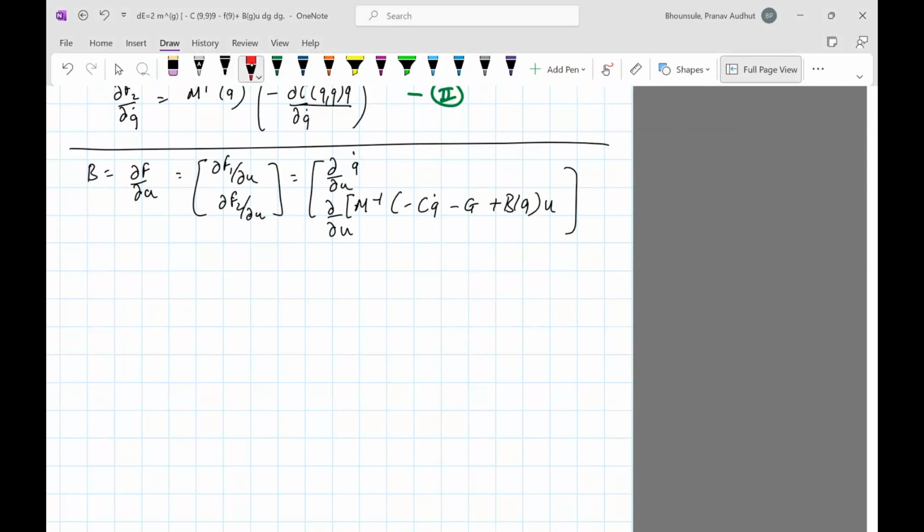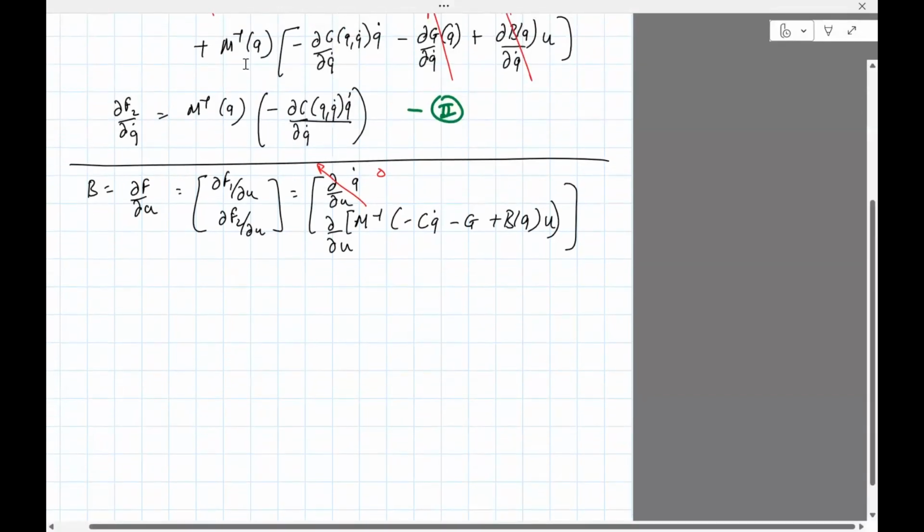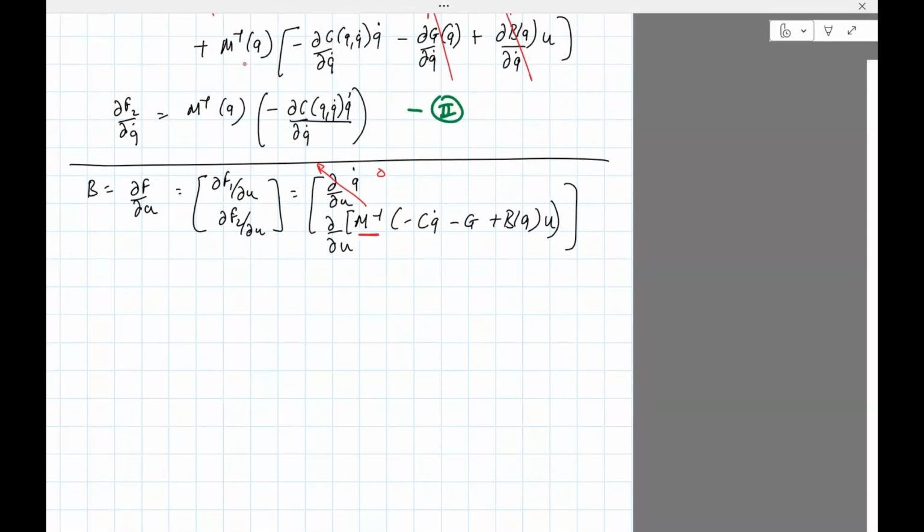Okay, now comes the time where we can cancel this because that's a function of q dot, and when you take the derivative with respect to u, that's 0. And then when you take the derivative of this part, you see that M is a function of q, so there's no real need for the chain rule. This part will be 0 because it's only a function of q dot. This will be 0 because G is a function of q. You're only left with this part, the second one, and that I'll just write down below. This will be 0.